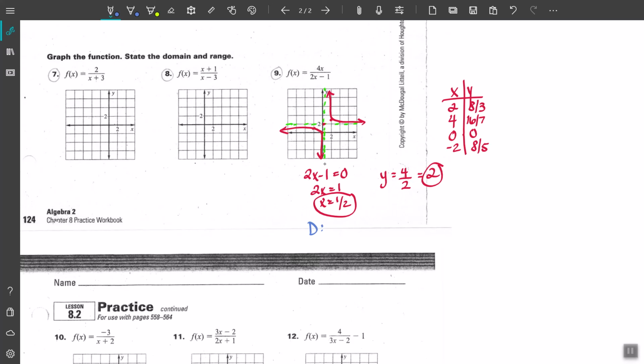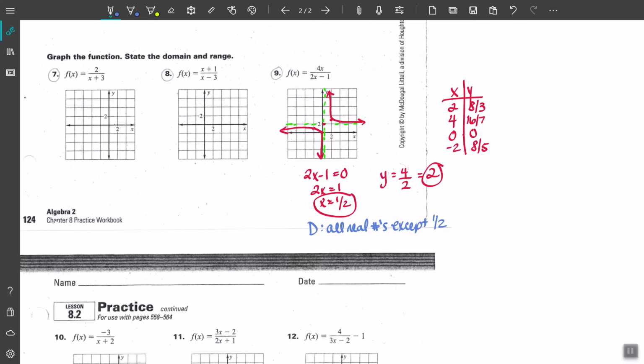So as far as our domain is concerned, the only x not allowed on this graph is x = 1/2. So the way we say that is that our domain can be all real numbers except 1/2. If we put in x = 1/2, we're going to be on the asymptote, and that's undefined. We're not allowed to do that in these types of functions. So that's why we exclude 1/2.